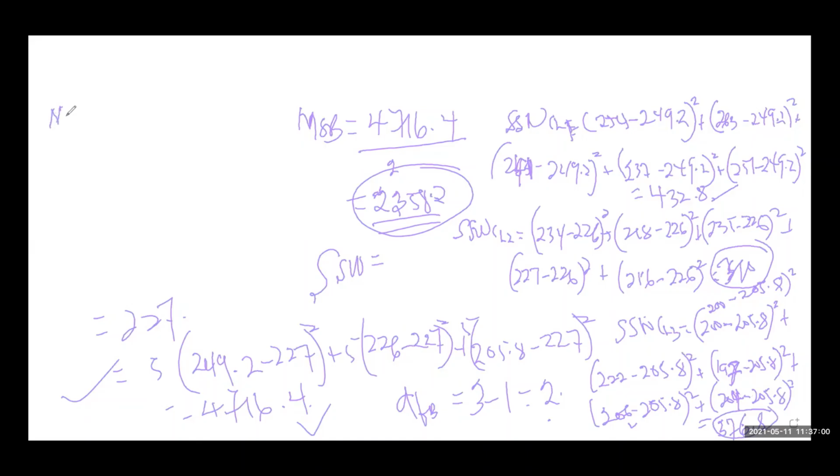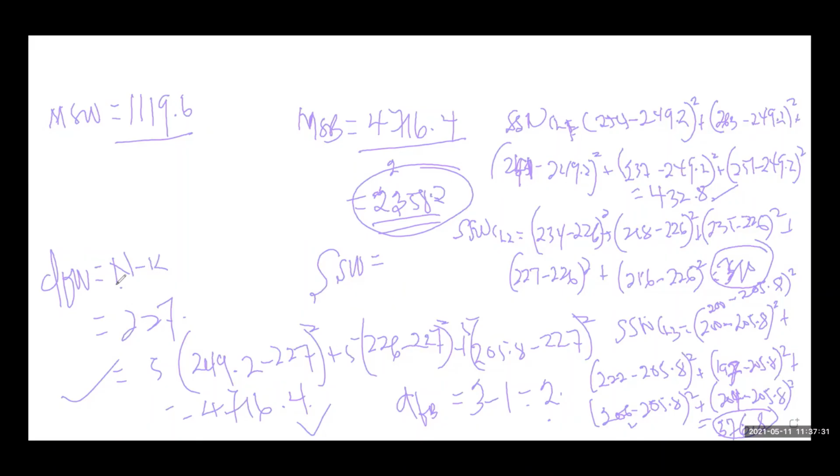So our MSW will be equal to the total, 1119.6, divided by, remember, degrees of freedom within, which is N minus K. What is N? N, as I said, is the total sample size. For club 1, we had 5 sample size.